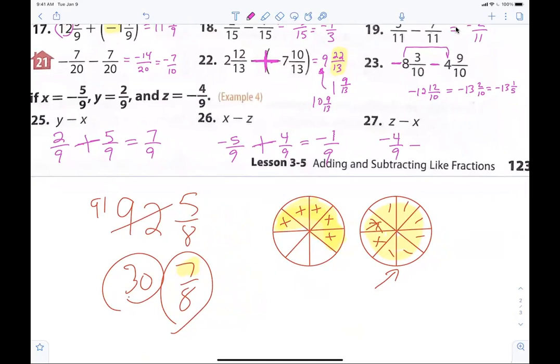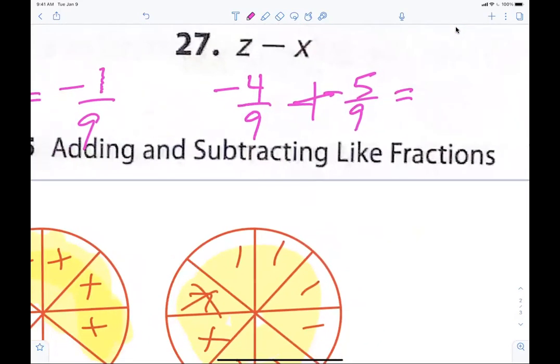Minus, yes, but I still want you to say minus negative 5/9. Then the double negative, right? So it's 9 over 9. Wait a minute now, come on. Oh, 1 over 9. There you go. Is it positive or negative? Don't just change. Positive 1/9. Yes. I'm happy with that.